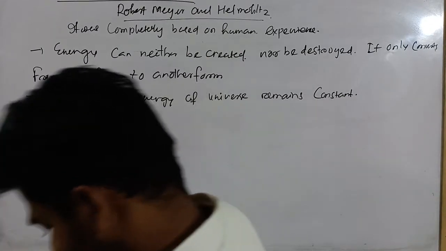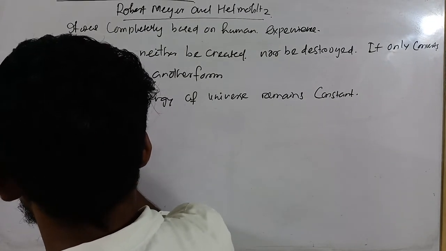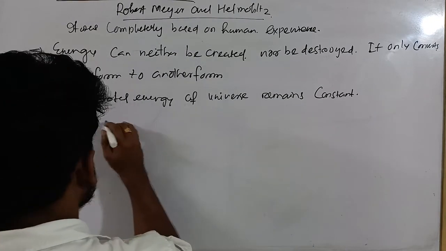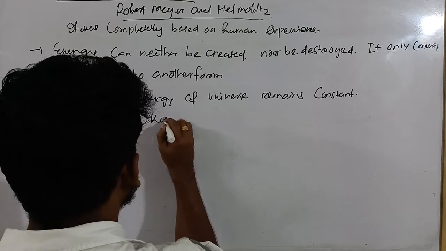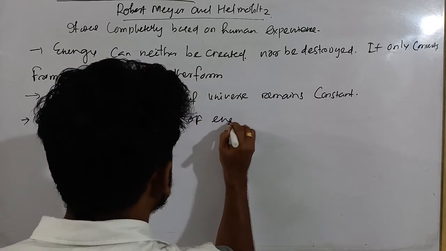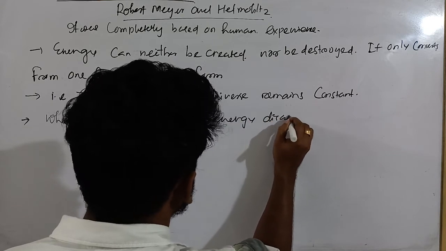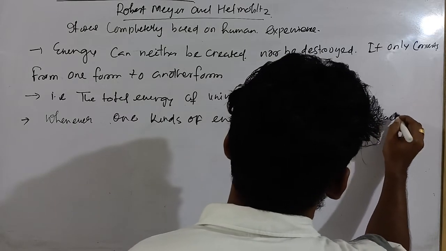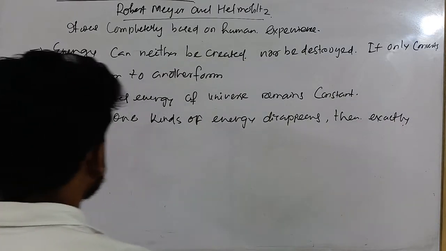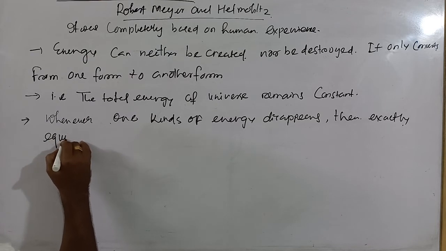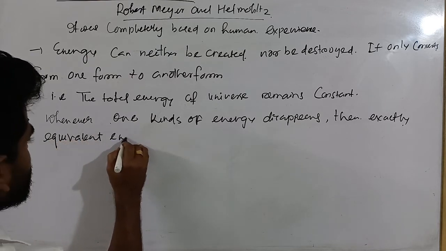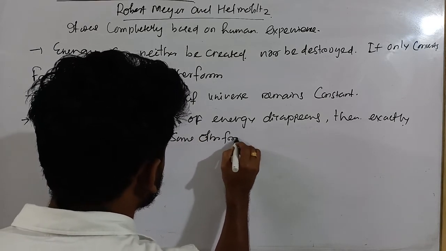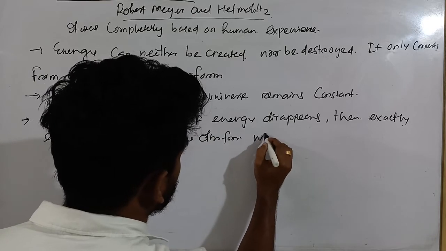Next, what the first law of thermodynamics suggests is that whenever one kind of energy disappears, then exactly equivalent energy in some other form will appear.